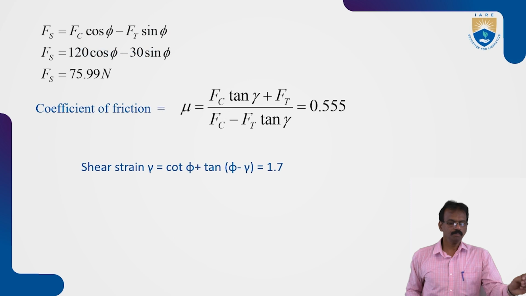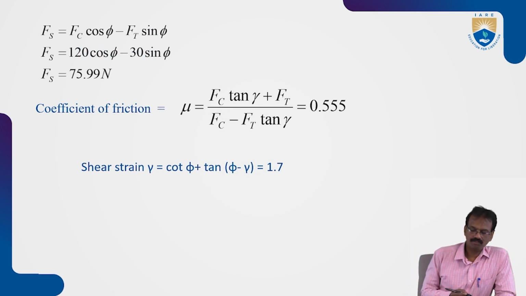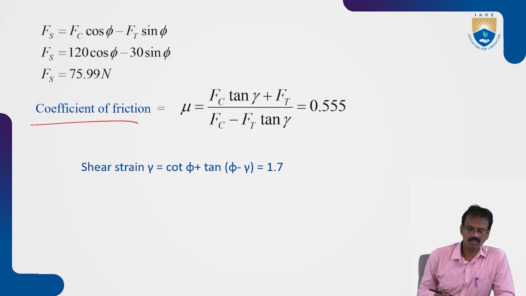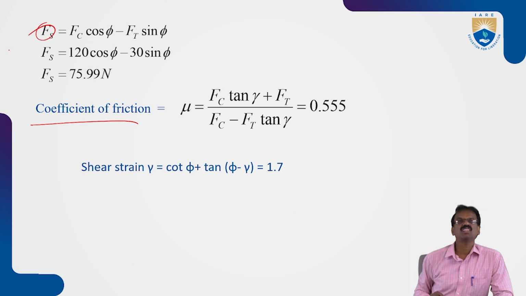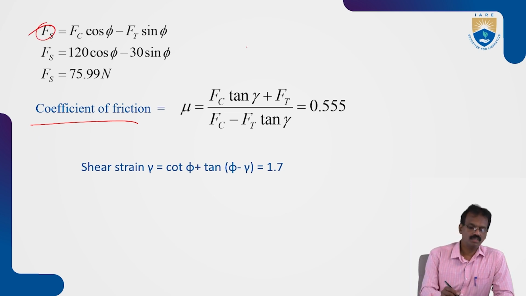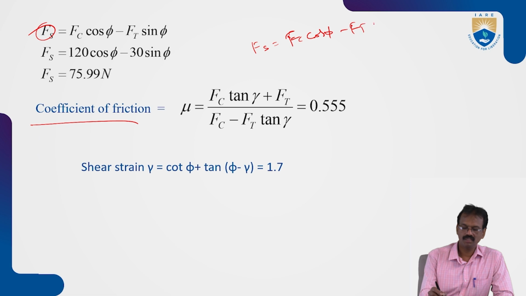So next we'll see Fs, because you have to find out the coefficient of friction. Before that, you have to find out the shear force. The shear force formula is Fs equal to Fc cos phi minus Ft sin phi.